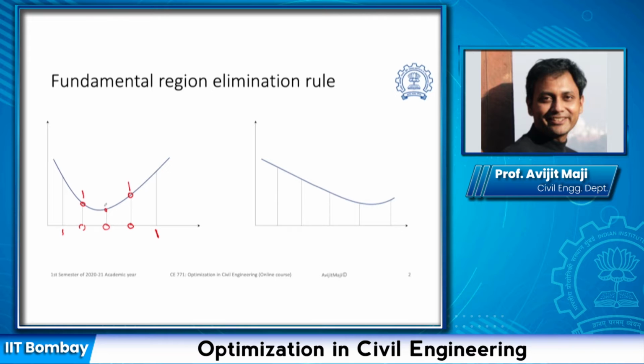And hence the function, if it looks like this, the minimum is somewhere here, or if it is something like this, the minimum could be here.